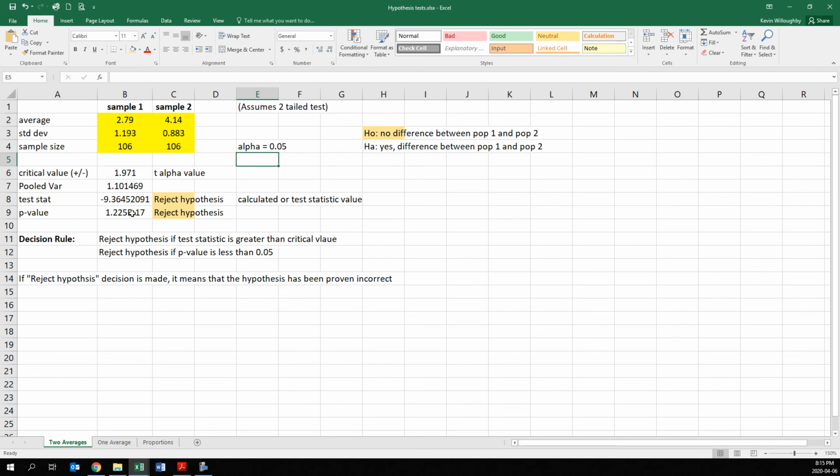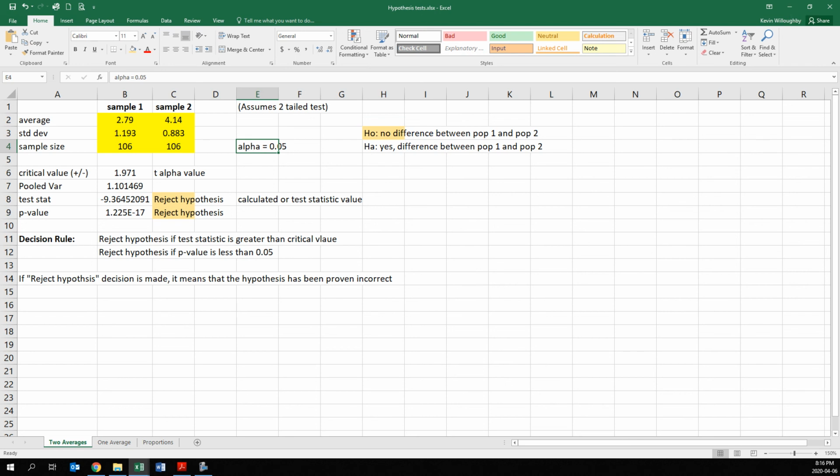The p-value is much smaller than 5%, so of course, based on this decision rule, we would reject it because the p-value, a really small number, is less than this threshold value of 5%. So two decision rules, but always the same decision. We are rejecting the null hypothesis, which means that there is a difference between the values in population 1 and the values in population 2.